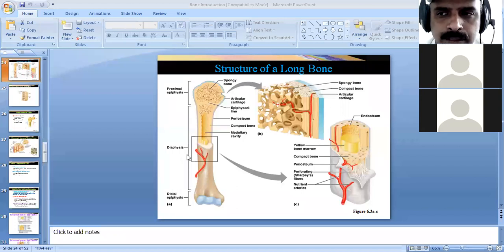So we have to deal with the parts of the young bone. The young bone consists of epiphysis, diaphysis, and metaphysis. First you have to know what the epiphysis is.